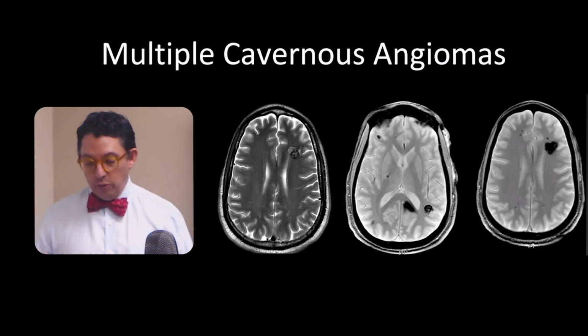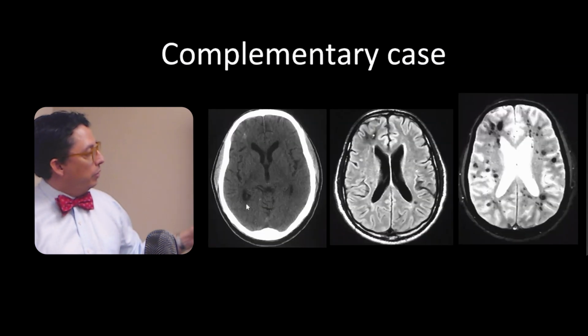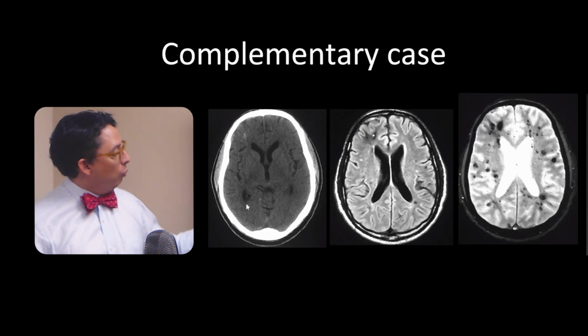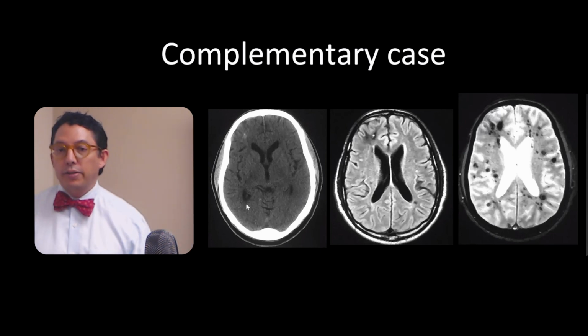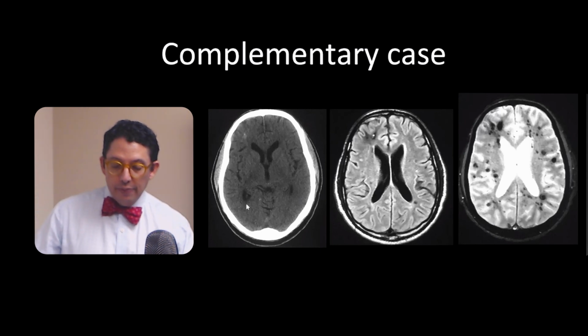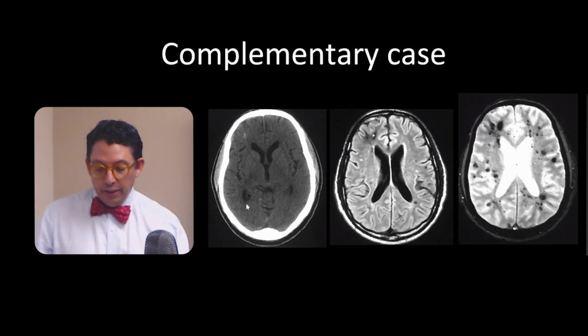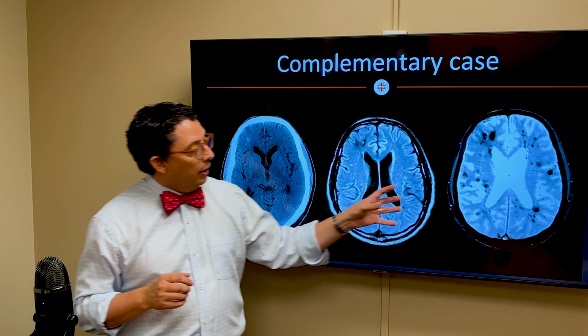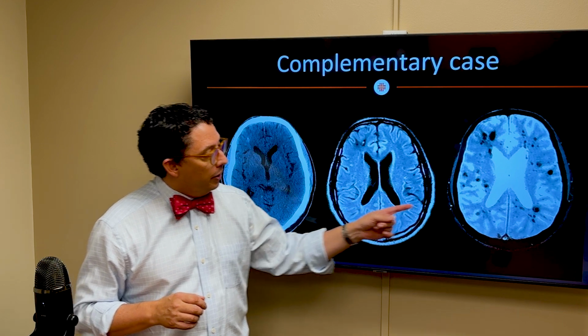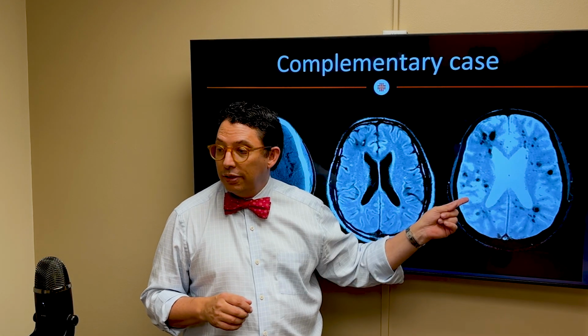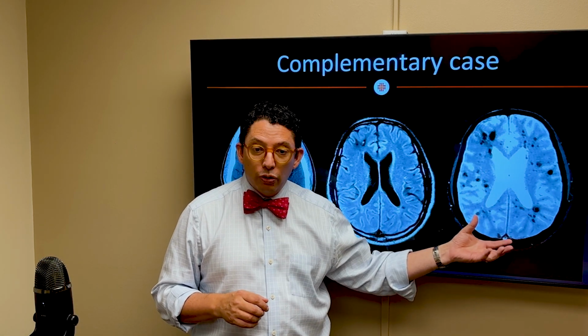Now let's see the typical axonal injuries. So this patient did have a little bit of white matter disease all over the place. We call it diffuse axonal injury, and when we did the susceptibility, we also saw a lot of popcorns. Another cavernomatosis.